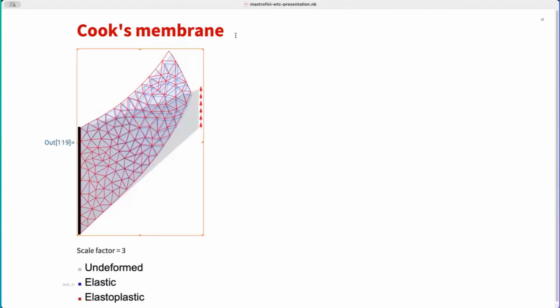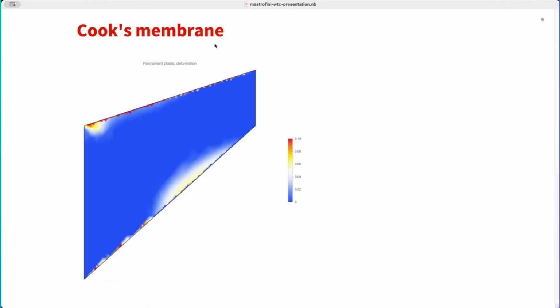And in fact, we can see that the red deformation here shows the elastoplastic behavior, which is a little bit different due to the plastic deformation that we can observe. And we can observe how this plastic deformation affects only the region of the elements that are beyond the yielding point.